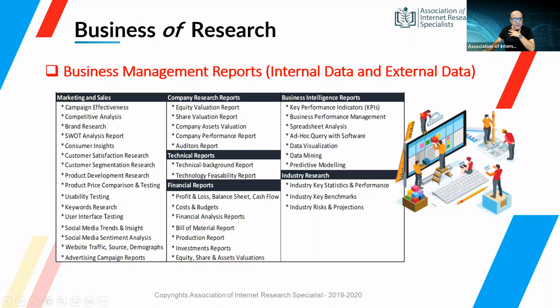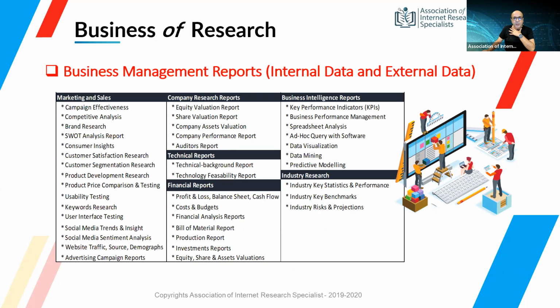There's a whole list of it. The idea of putting them in these boxes is to organize it so that you know that these are different named reports, and whatever data or research is gathered under these names has two portions or two segments of data.